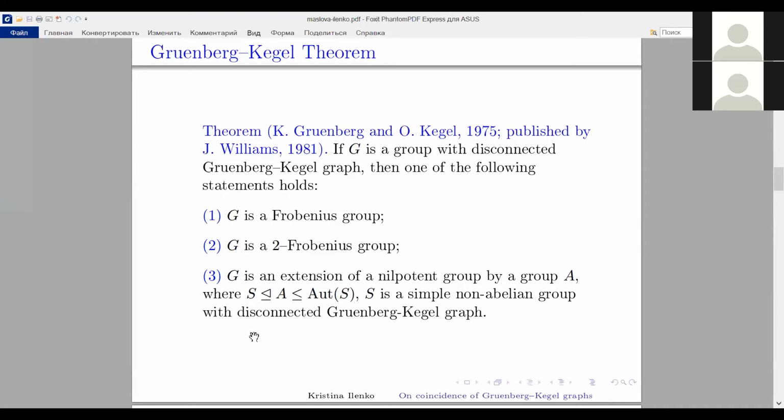From the first, it follows that G is a Frobenius group. From the second, it follows that G is a 2-Frobenius group. And from the last, it follows that G is an extension of a nilpotent group by a group A, where the following inclusion holds. S is a simple non-abelian group with disconnected Gruenberg-Kegel graph.